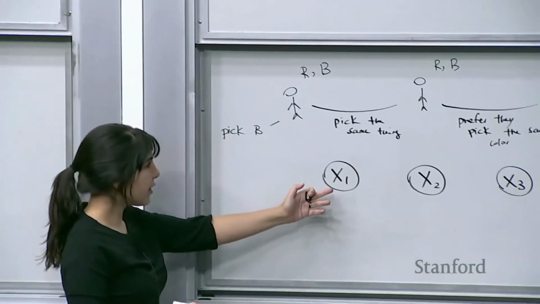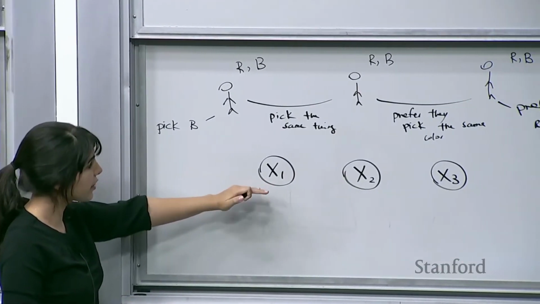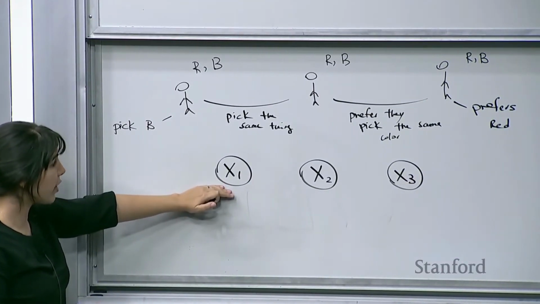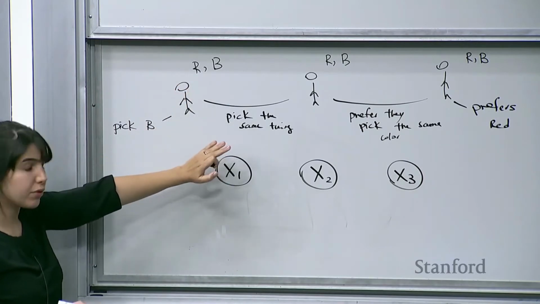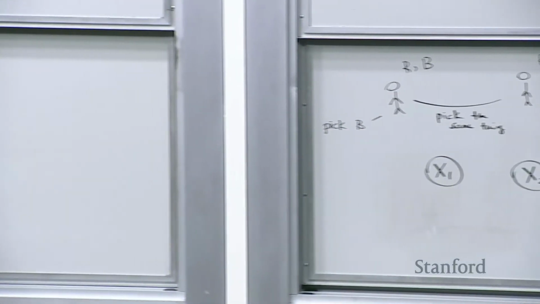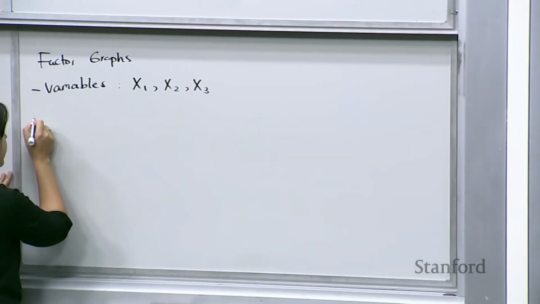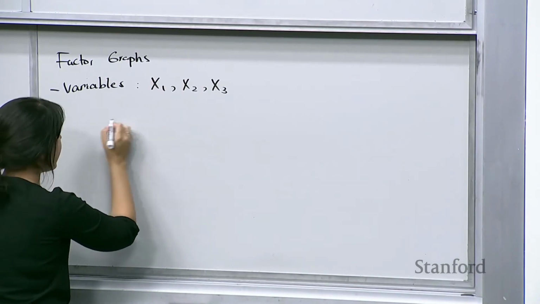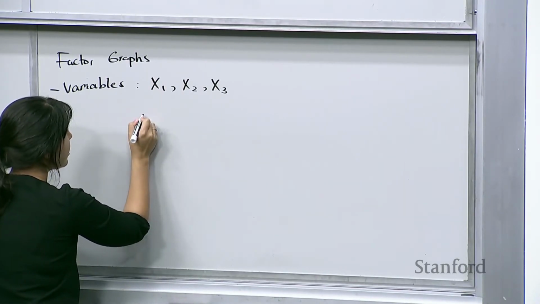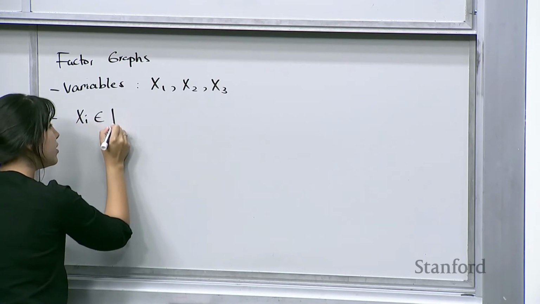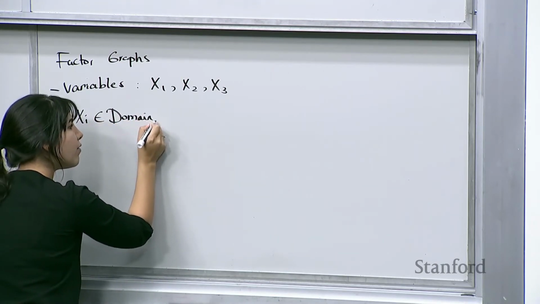And each one of these variables is going to live in some domain. They're either going to get red or blue, right? So each one of these xi's is going to live in some domain. So we're going to say xi lives in some domain of i.